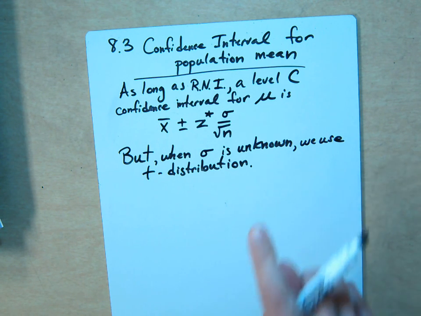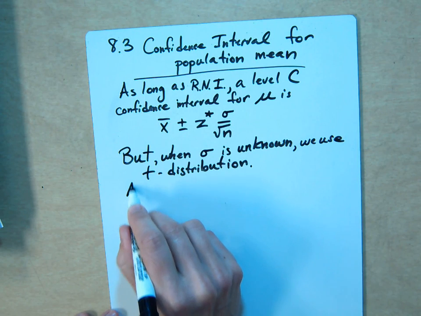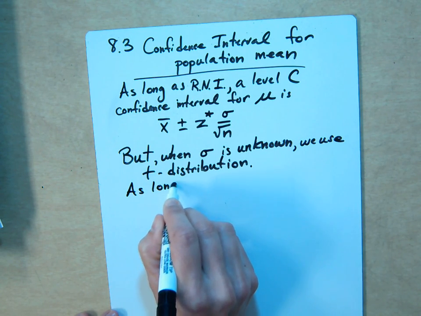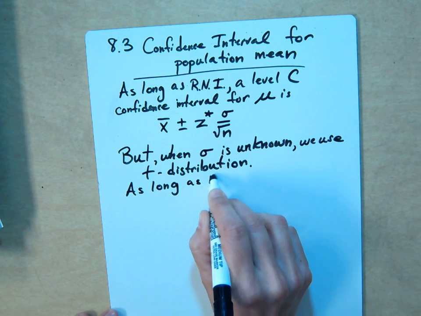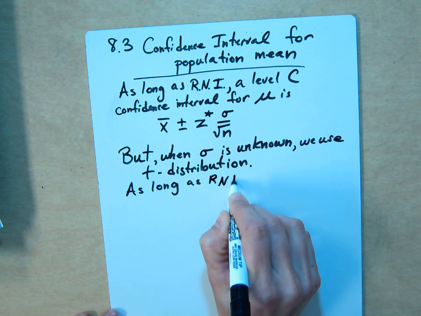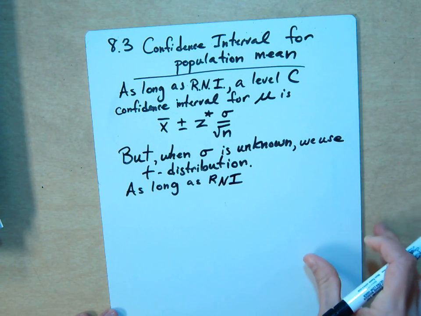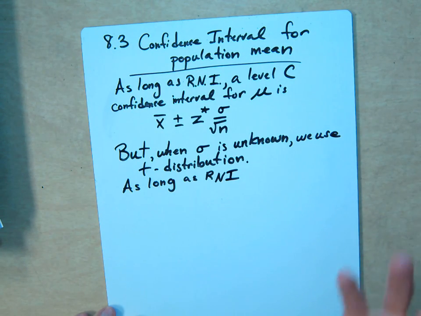For the formula, we still have to check our three conditions. So I'll write that again: as long as RNI, our confidence interval is computed using this formula.